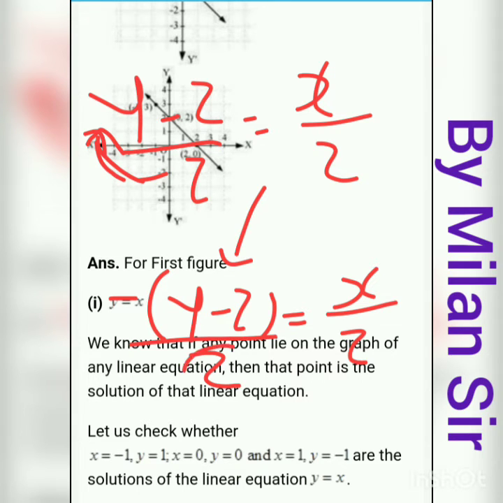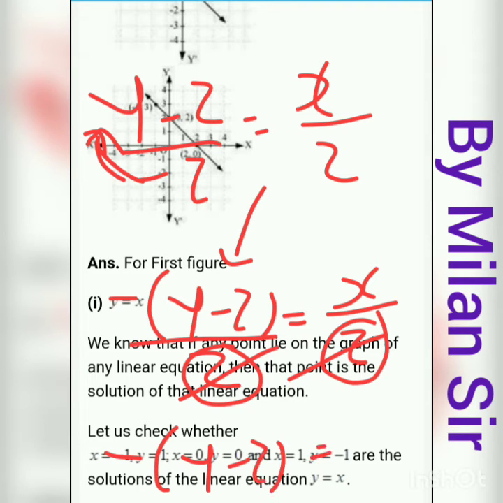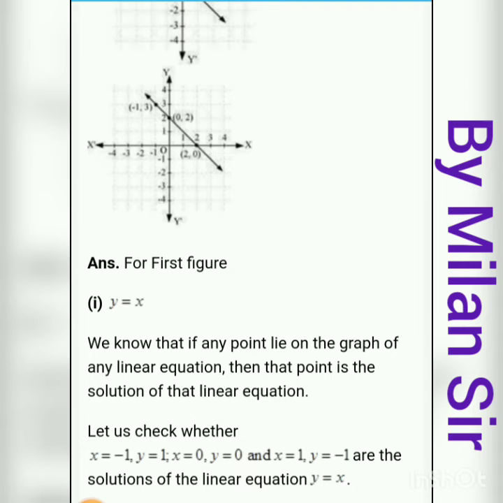Now we have same denominator, right? So we can directly cancel it, and here we do not need to take LCM. We do not need to take the LCM because we have same denominator, so it will be cut. So alternately what we have, minus in bracket y minus 2 is equals to x. Minus y minus 2 is equals to x.